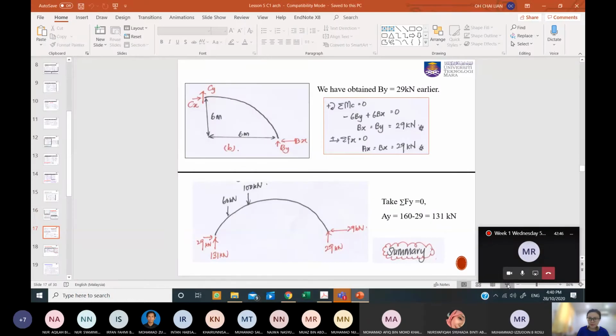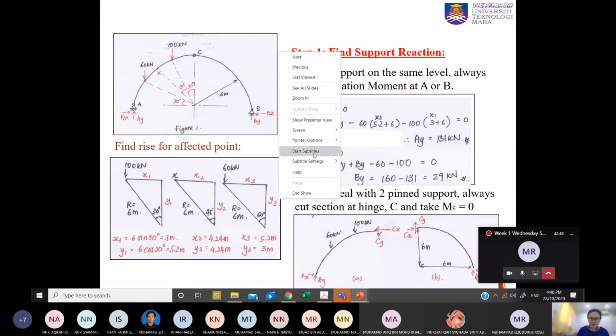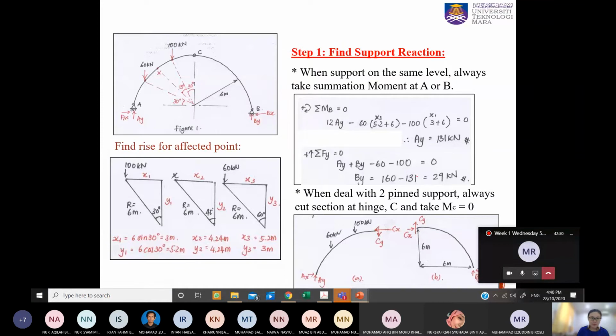I will need to take the AY, multiply with the length to B, perpendicular, which will be 12 meter. So now I have 12 times AY, done. It is acting clockwise, as what I have assumed, so positive.